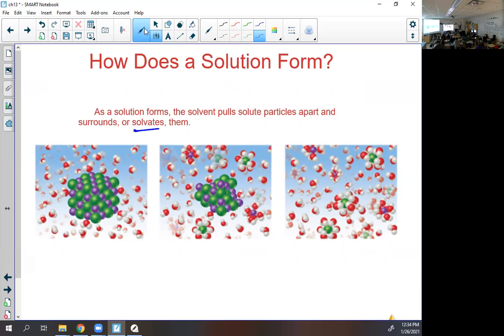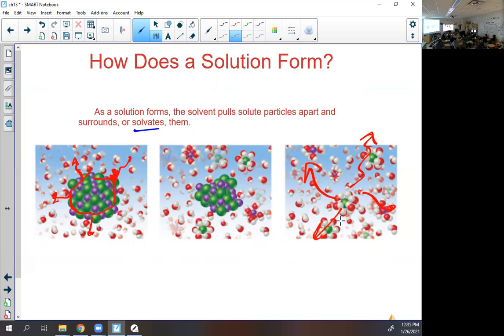These pictures are not super hard, but be familiar and able to draw them. So we have our solute, we put it in water, and it starts to be attracted. There's an attractive force here, and it starts to break apart. The water solvates the solute. That crystal gets smaller and smaller, and it becomes all broken apart.